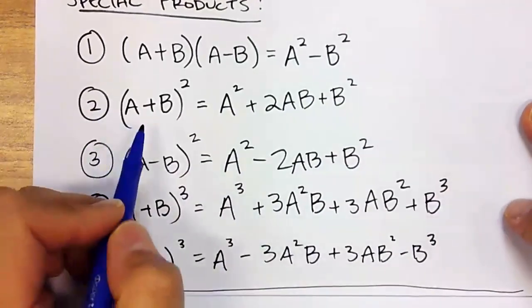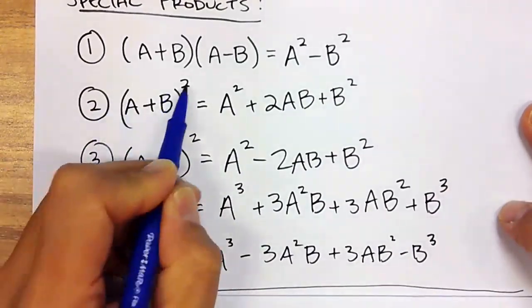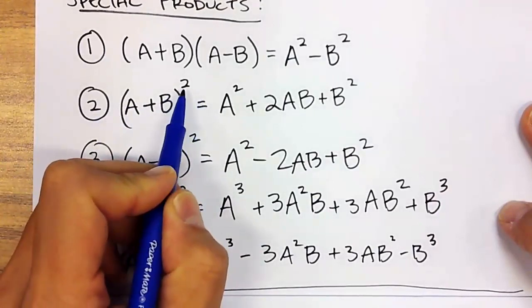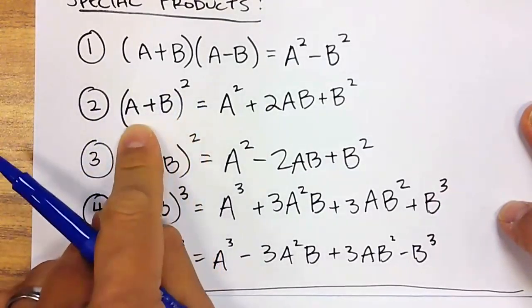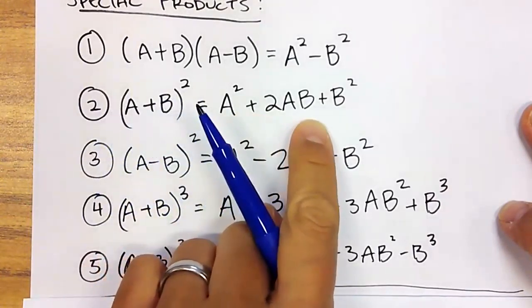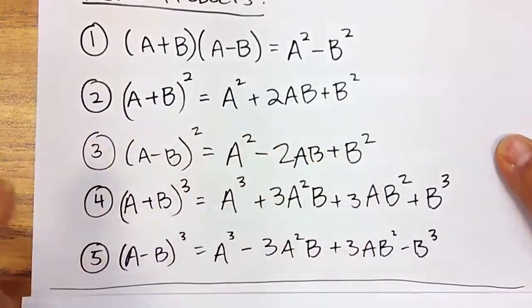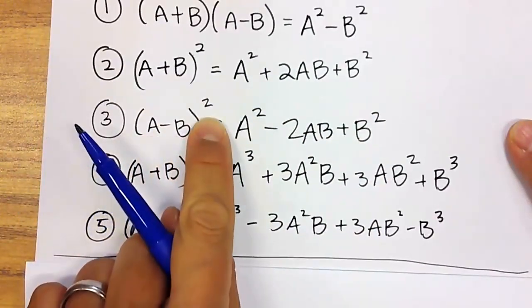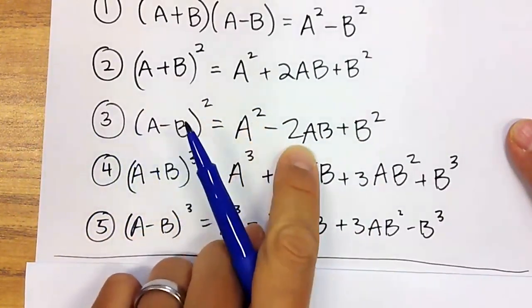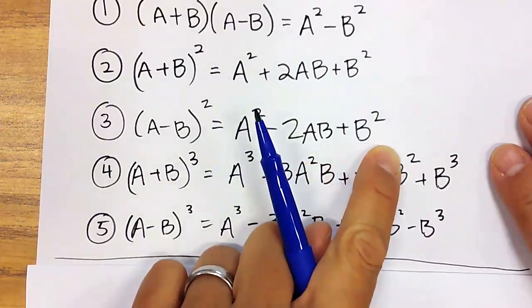And then if we have a plus b quantity squared, we'll break that down to a squared plus 2ab plus b squared. A minus b quantity squared is a squared minus 2ab plus b squared.